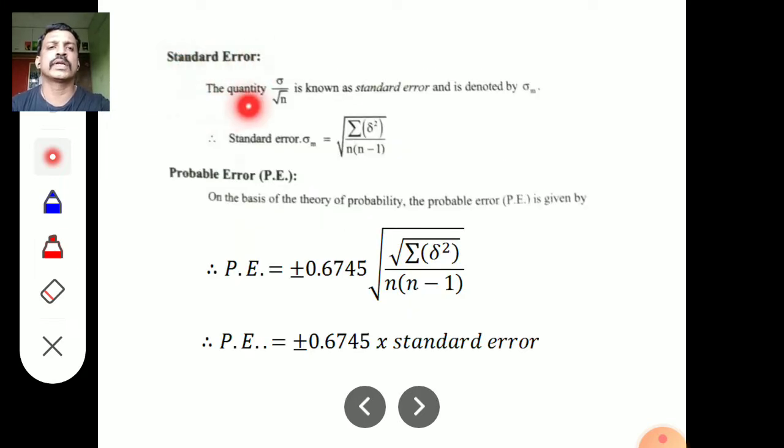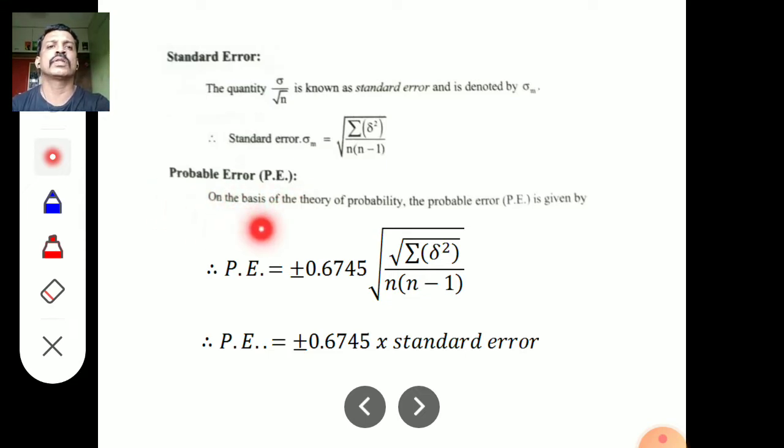Standard error: the quantity sigma divided by square root of n is known as standard error, denoted by sigma n. Standard error equals square root of summation of delta square upon n into n minus 1.